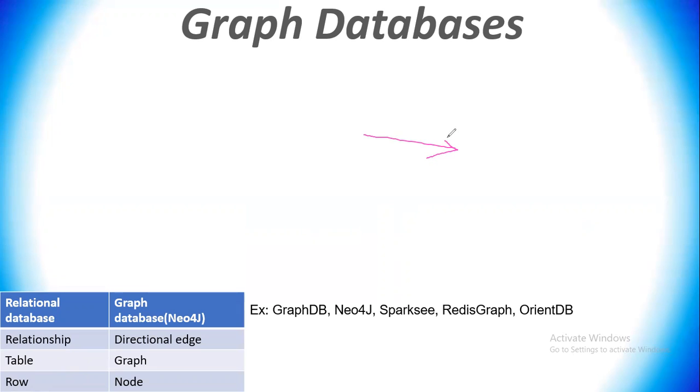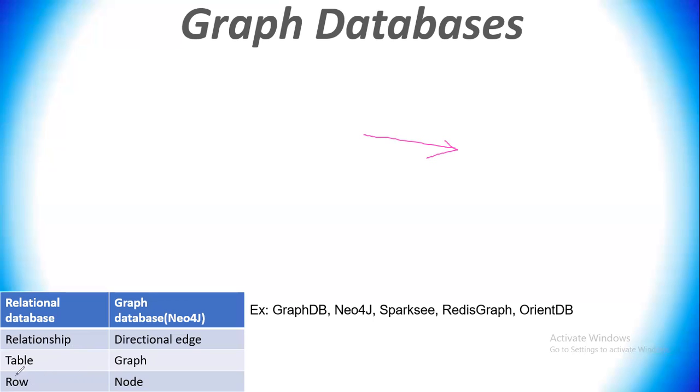But in graph databases, usually for a given unit, there is only one row. That means within a given unit, there is less data. What is more emphasized is the relationships, not the data, right?